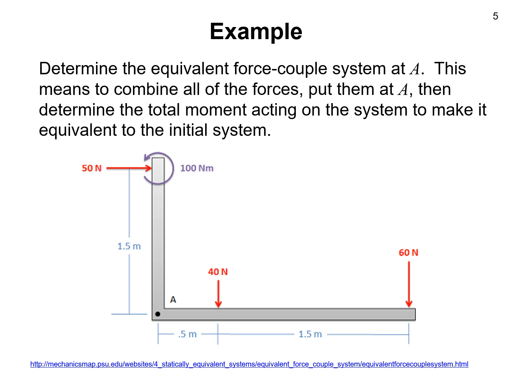Let us develop an equivalent force couple system acting about the point A. What that means is put all the forces at point A as if they were one single combined force, and then recompute the total moment that must act on the system to leave it equivalent to the first.